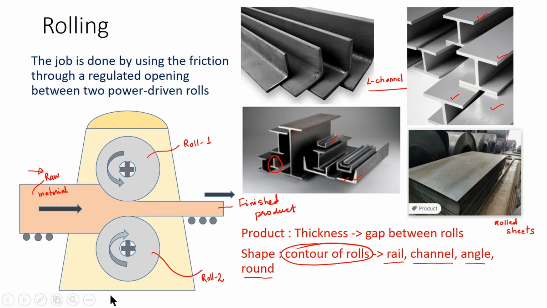In addition to this basic rolling process, there are the other processes, as I mentioned: the forging process, the drawing process, the extrusion process. In all these processes, we are applying mechanical energy and plastically deforming the material. The forging process is a hot forming process.